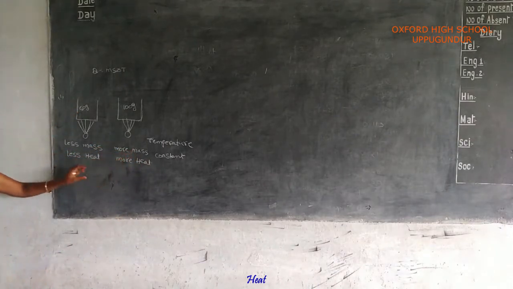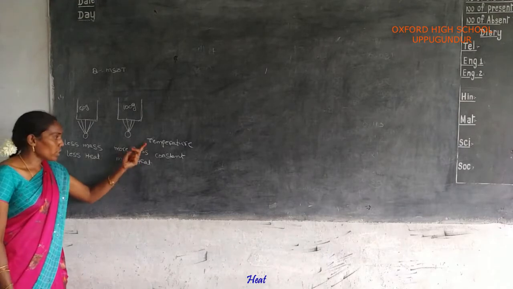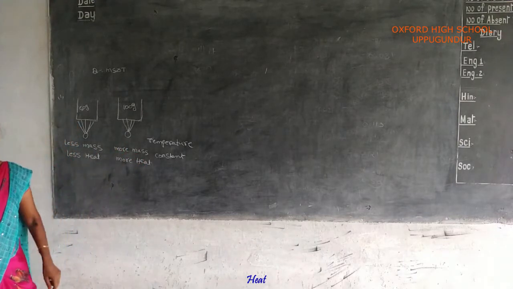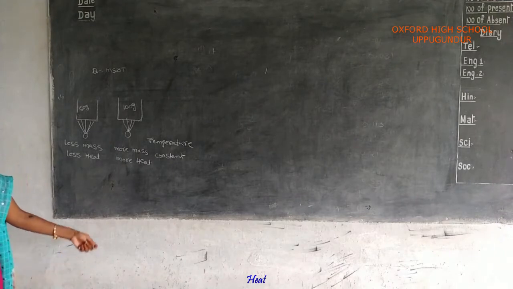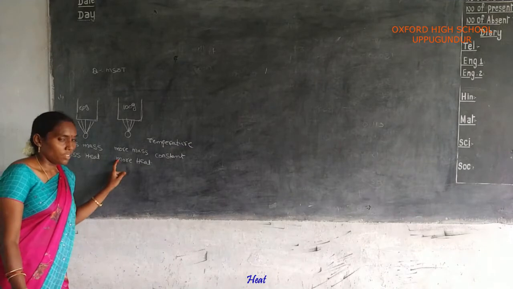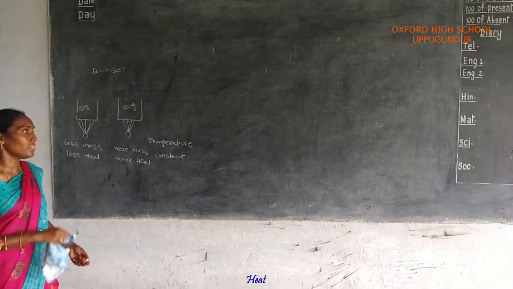Already I said, whether 2 physical quantities are decreasing or increasing, whatever it is, those 2 physical quantities are directly proportional to each other.